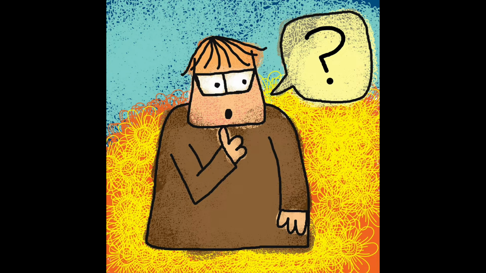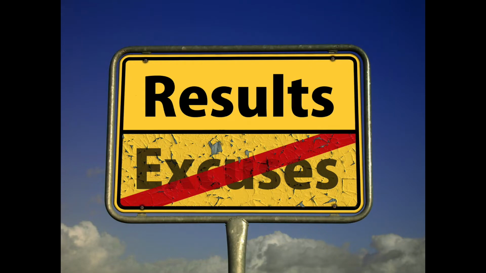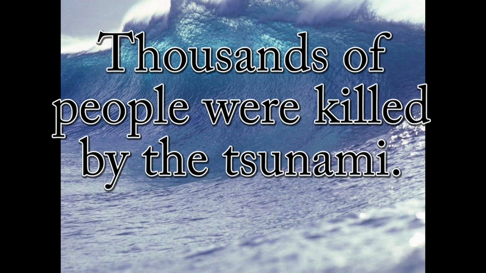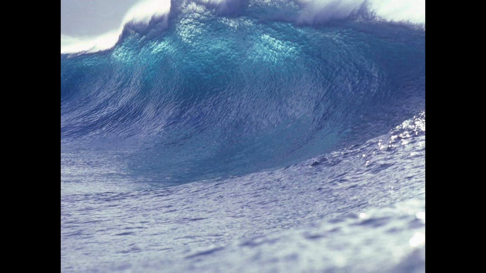So you might be asking, what are passive sentences? Passive sentences emphasize the result of an action. The action is at the beginning of the sentence. Here's an example. Thousands of people were killed by the tsunami. This is a passive sentence. Let me give you an example of an active sentence.